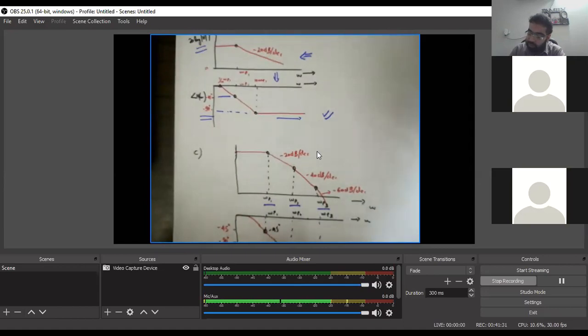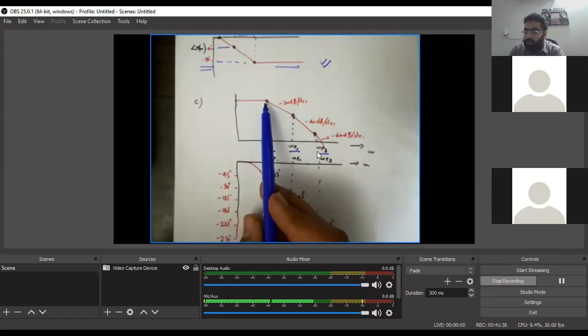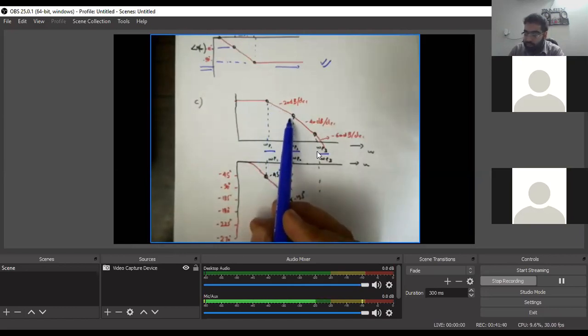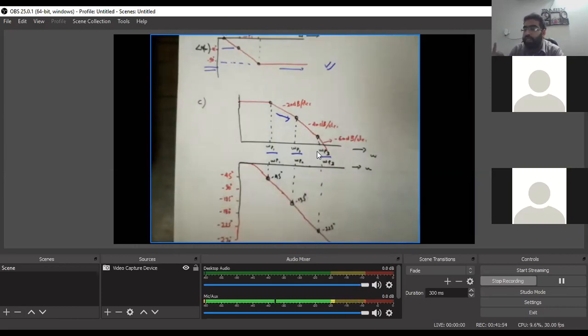So if we talk about these three poles, at the start of the first pole, we are going to see a decay of minus 20 dB per decade. It will continue to have minus 20 dB per decade, but as it reaches the point omega p2, we are going to have minus 40 dB per decade, because after this there are going to be two poles. First pole effect minus 20 dB and the second pole effect adds up to minus 40 dB.